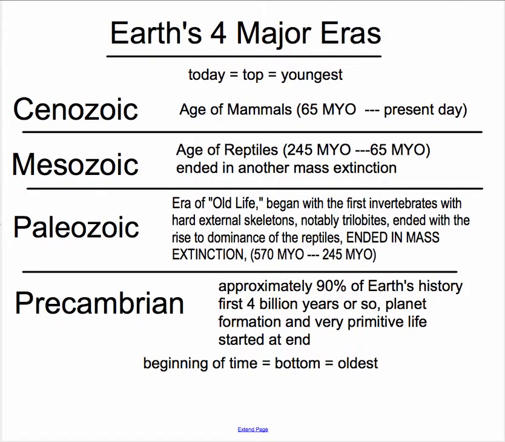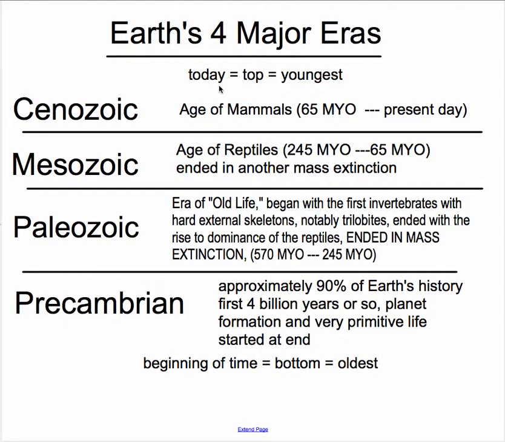All right, the way this is set up is using the law of superposition. Precambrian is down on the bottom, so we're going to talk from the bottom of the page up to the top, because that's how the rocks get stacked up unless you mess them up. Up at the top, it says today equals top equals youngest.